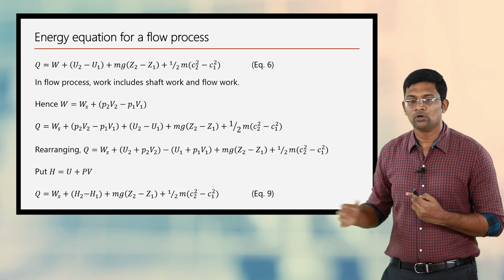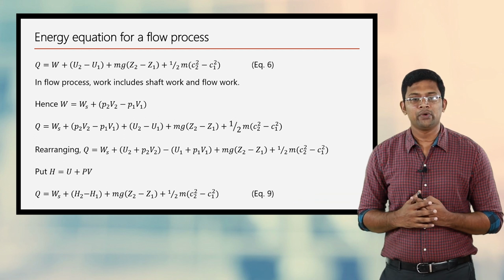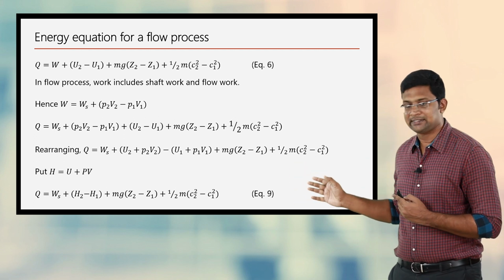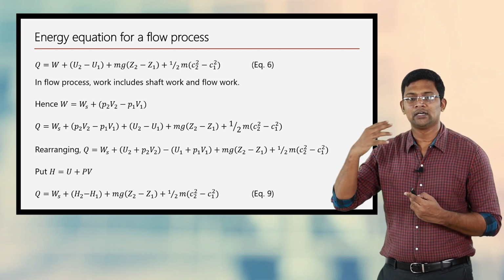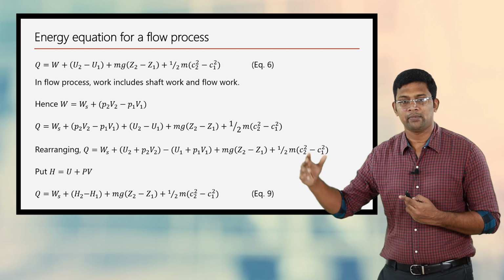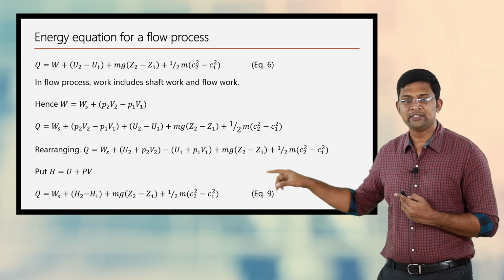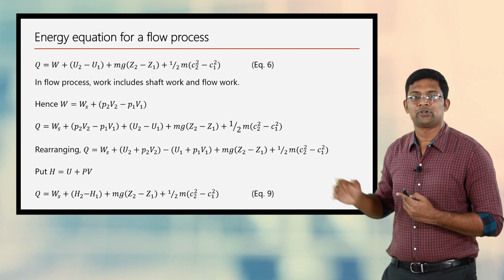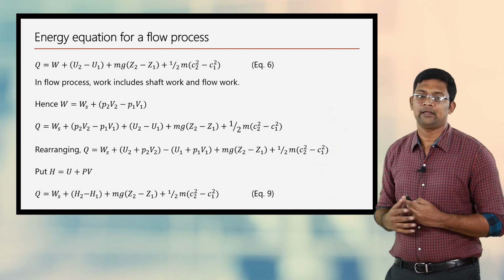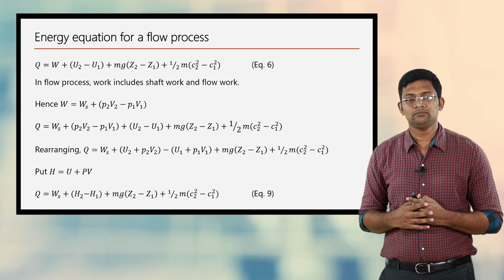So the final expression will be Q is equal to Ws plus H2 minus H1. We have substituted the terms U2 plus P2V2 minus U1 plus P1V1 with H2 minus H1, plus the remaining terms, which are the potential energy term and the kinetic energy term.